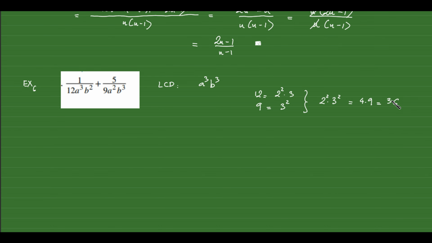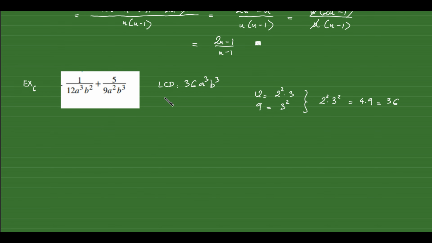So this is the problem of finding the least common multiple between two numbers. This is a concept we already learned, just a quick review right here.